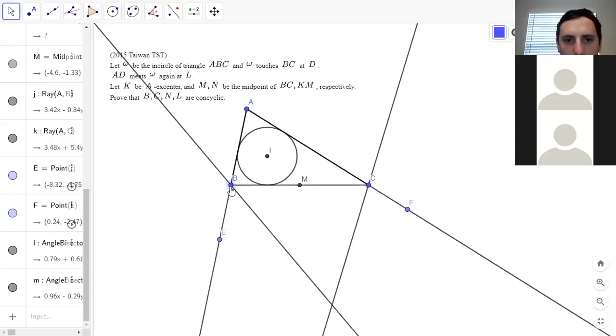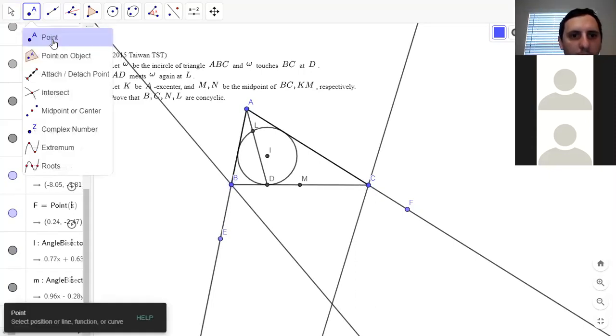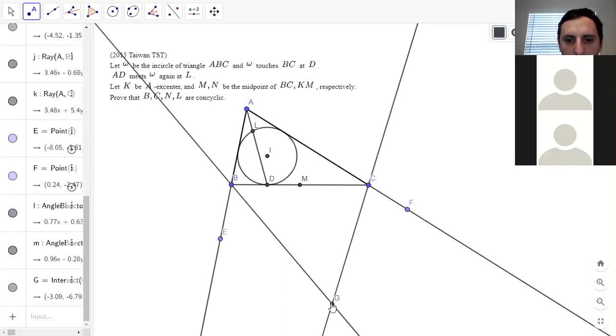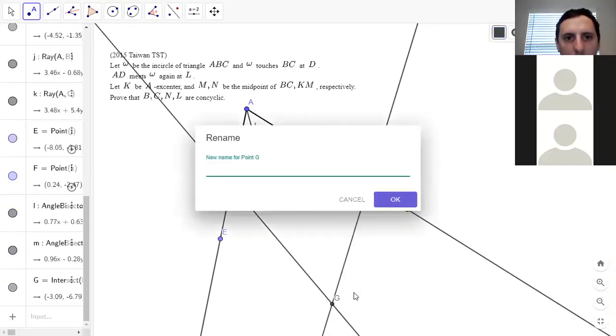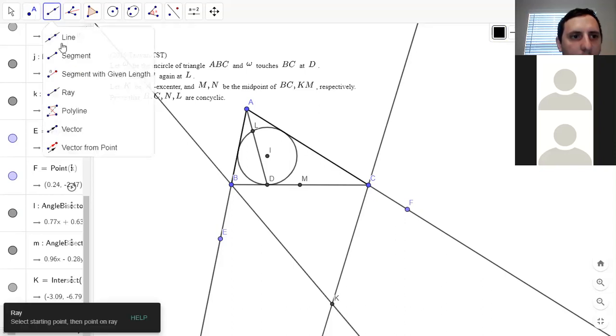That point L keeps disappearing and reappearing. There we go. So this will be K. EC, okay, N is the midpoint of KM.